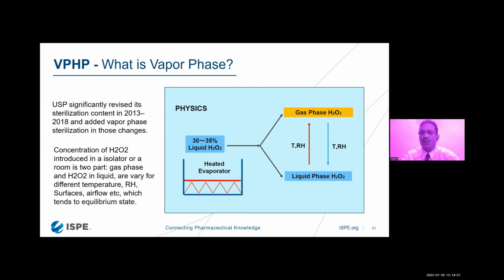You go for a lower humidity in the chamber because when H2O2 and water are in the equilibrium phase, between the gaseous and the liquid phase, it will be totally dependent upon the temperature present inside the chamber.